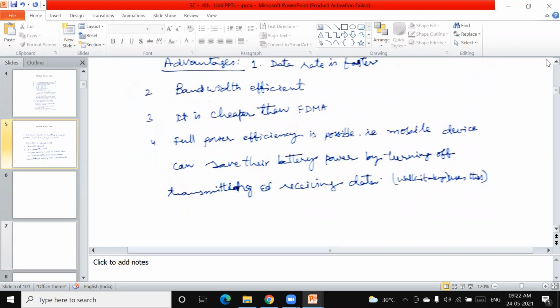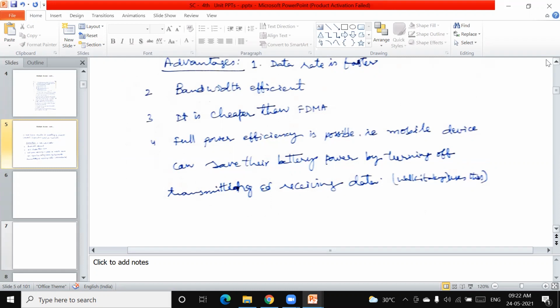In time division, time slot 1, slot 2, slot 3, the time has been divided but the frequency will be the same. Only in a particular time slot can the user access the satellite, but with the full bandwidth of the satellite, therefore the speed is going to be higher.